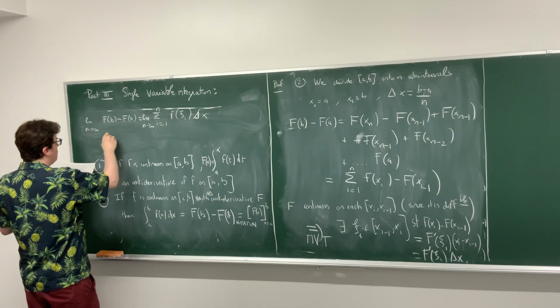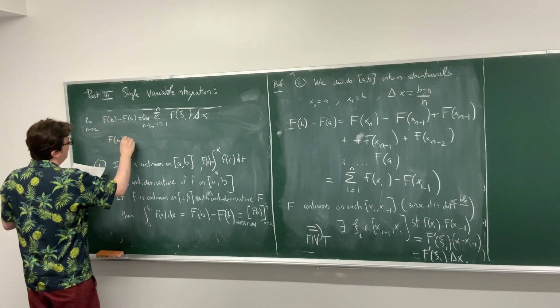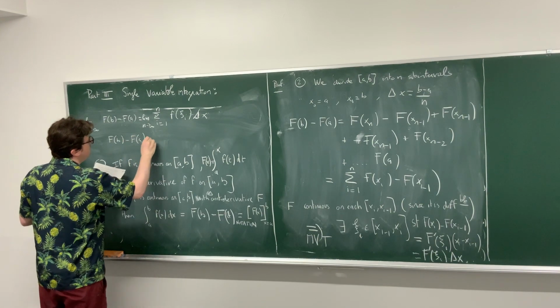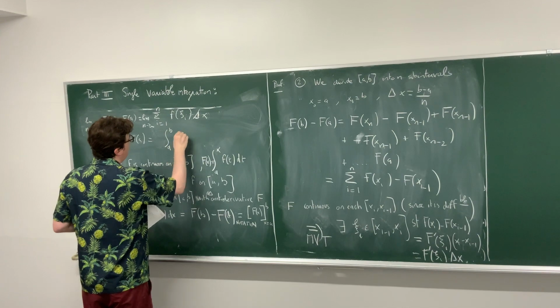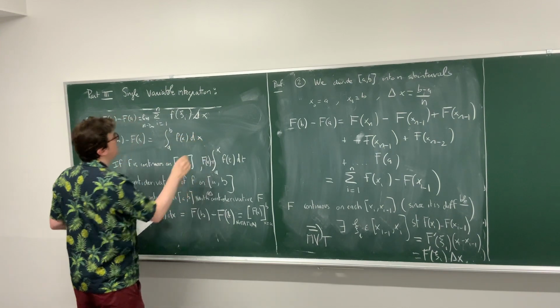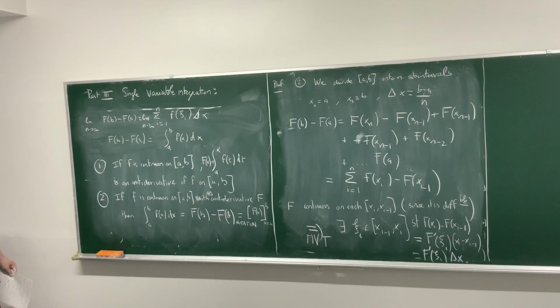So this will give you F of b minus F of a, and this is just the definite integral. That's how you get your proof of statement 2.